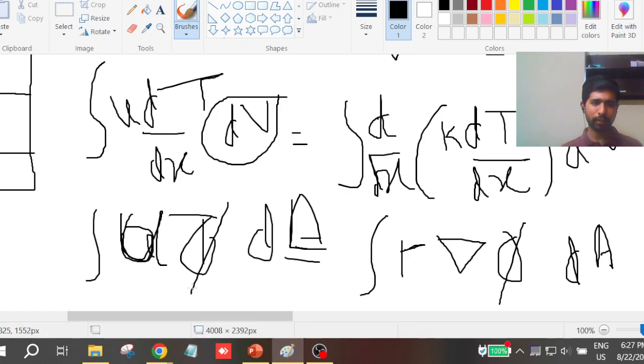Sorry, T was written as phi. Whatever it is, you have to understand this u is u only, temperature, or in Navier-Stokes we get phi as velocity. That is why in general T is written as phi.